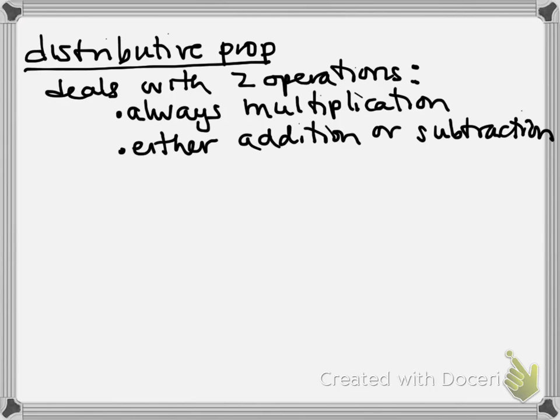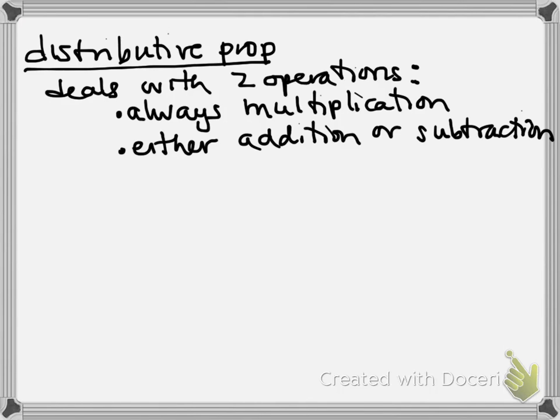And we just make sure that whatever's outside gets multiplied by everything inside. Okay, so distributive property deals with two operations. Always multiplication is one of the operations, and then it could be either addition or subtraction. Okay, you're not going to have multiplication or division inside the parentheses. You're either going to have adding or subtracting, or you could have a combination.